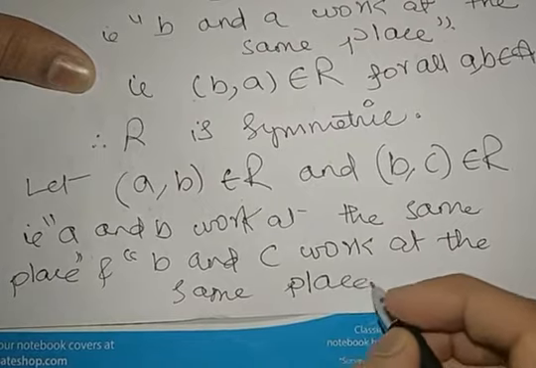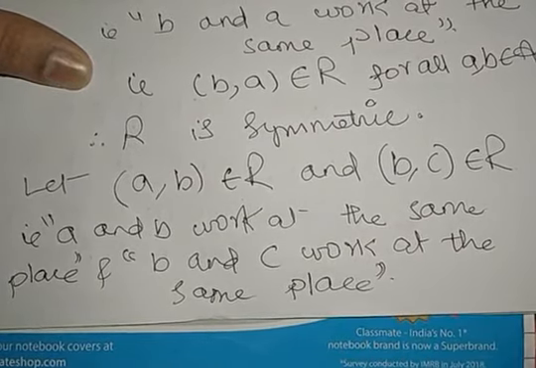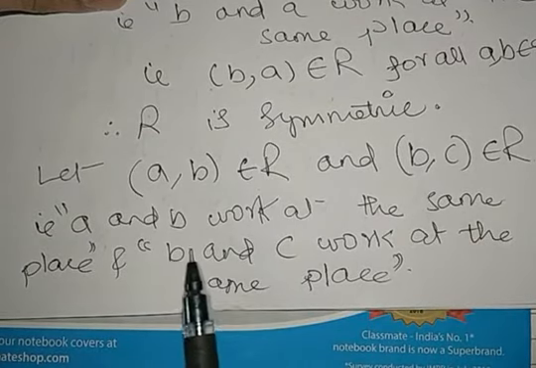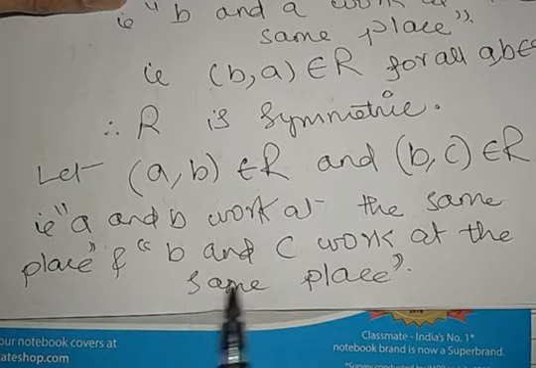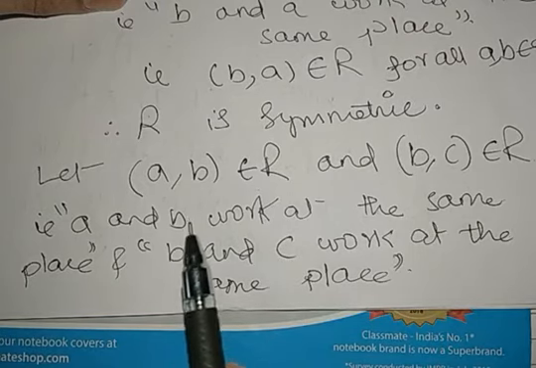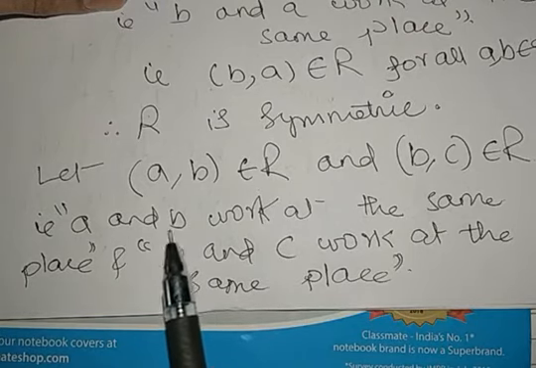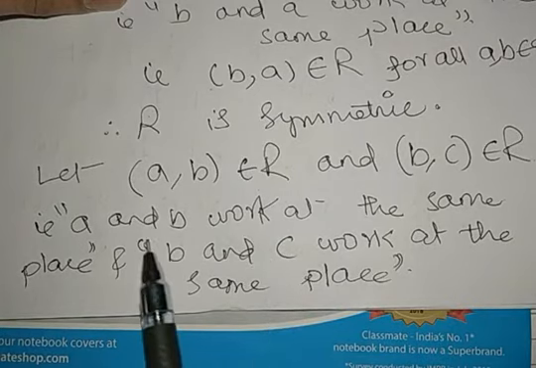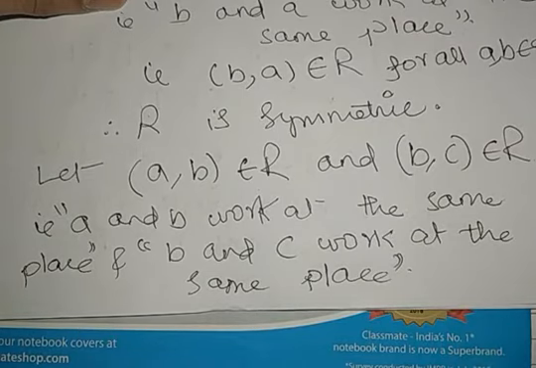So a and b are at one place, and b and c are at the same place. So if b is with a and b is also with c, that means a and c are also working together at the same place.